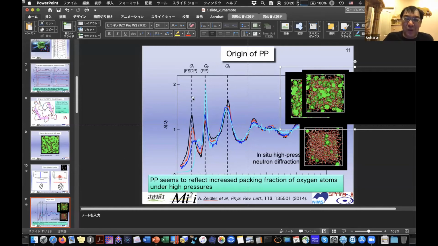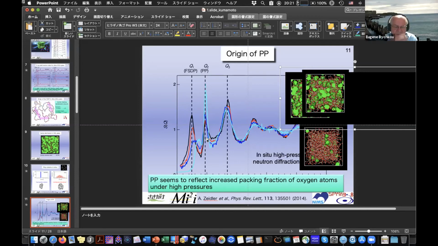So the evolution of the principal peak is visible in X-ray data, which means that the silicon packing fraction is increased, because the oxygen principal peak is visible only in neutron diffraction data. In X-ray diffraction data, if we go greater than 100 GPa, we can observe the evolution of the principal peak. This is due not to an increased packing fraction of oxygen atoms, but of silicon atoms. So this is the behavior under very high pressure. Okay.